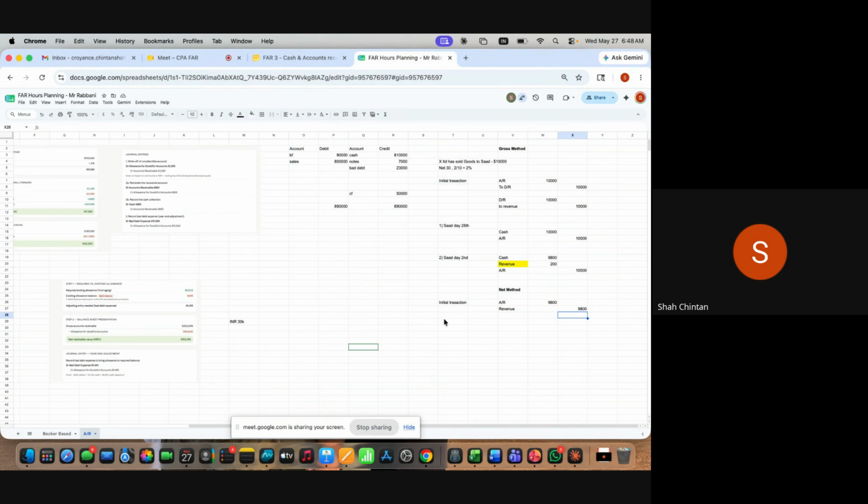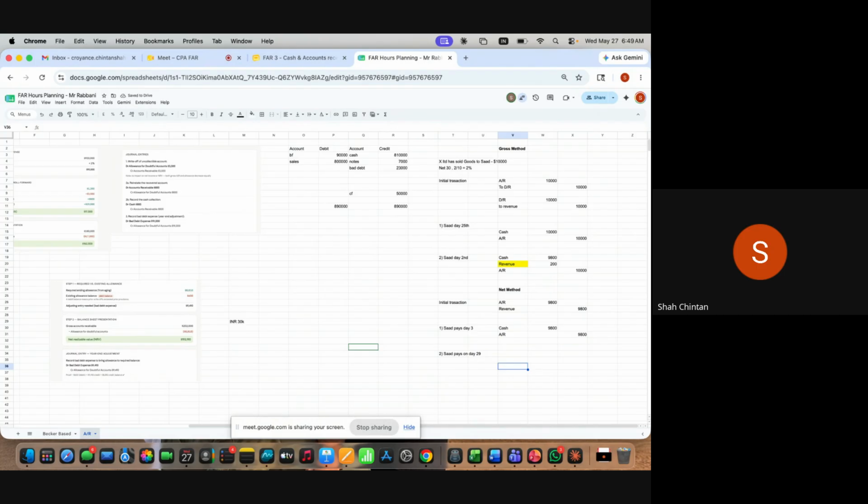Now let's say in option number one, Saad pays on day 3. That means Saad is taking the 2% discount and he is only paying 9,800. Your entry is cash debited, accounts receivable credited 9,800. All good, the transaction is closed. But let's say Saad pays on day 29. That means Saad is going to pay the full $10,000.